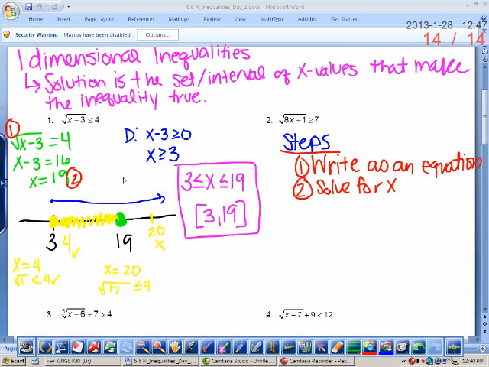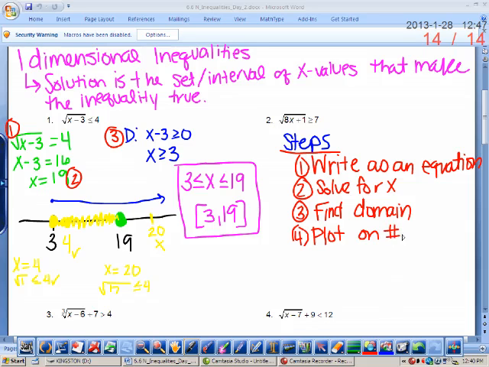What was our third step? Yeah, find the domain of the original radical. So we did that right here. Then we plotted our values on a number line. And finally, we tested values to find our solution.